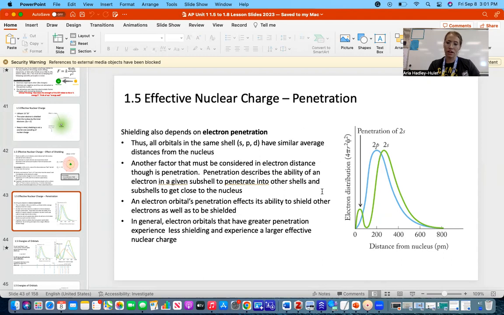Okay? And so even though the majority of the distribution for 2s is further away than 2p, 2s fills first because the electrons can be closer to the nucleus, and then they move further away. It's also why they leave the nucleus in that order as well.